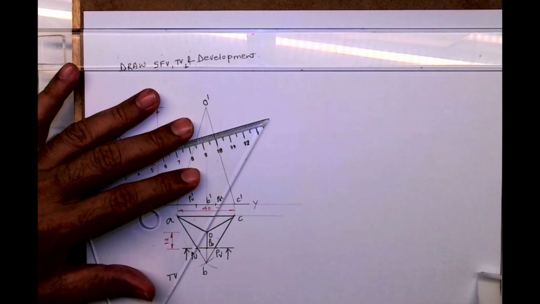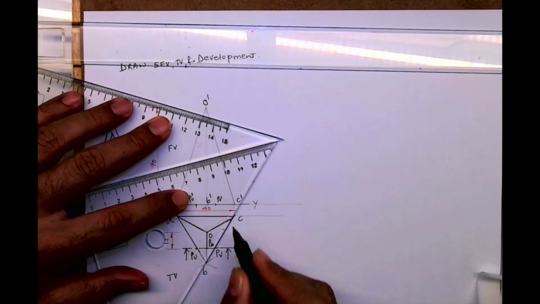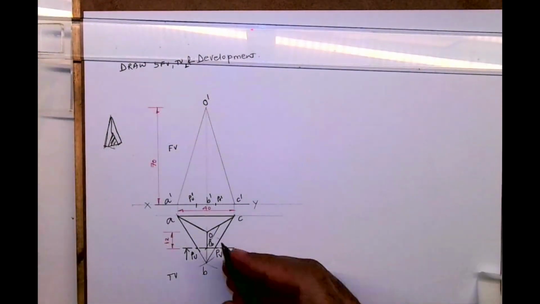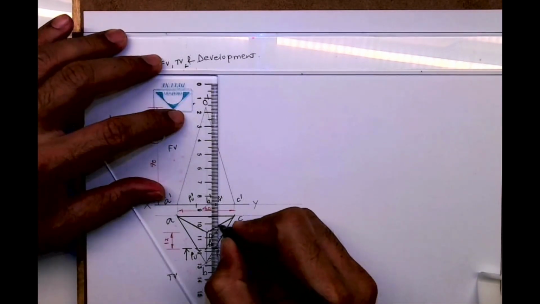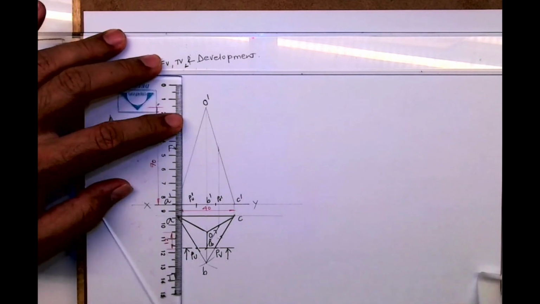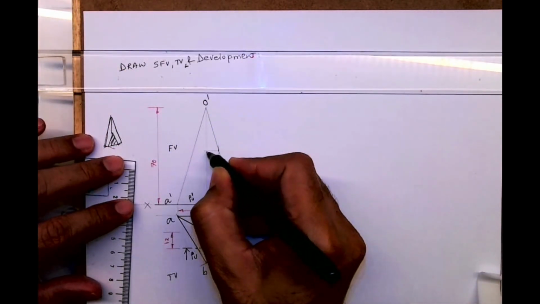method. In that, what do I have to do? I'll draw parallel to base. Wherever it cuts, from that point I'll go up and then I'll draw a horizontal line. See, this way.